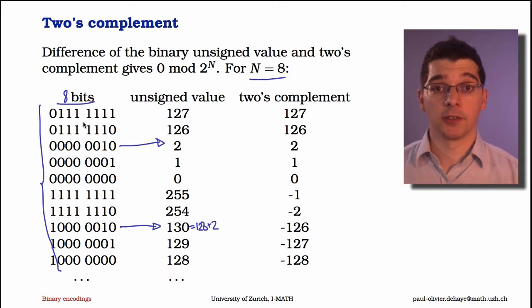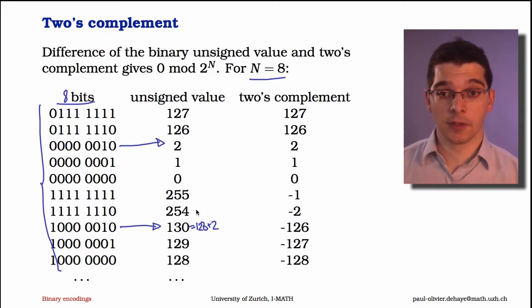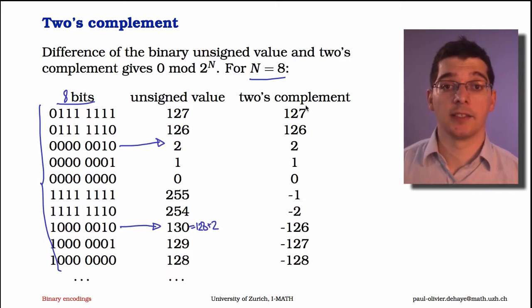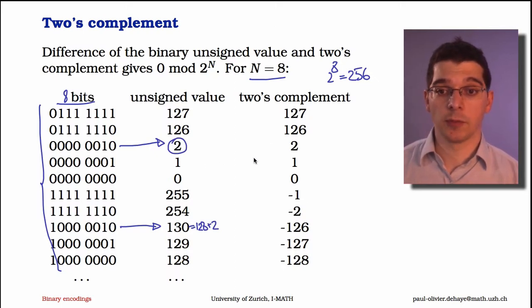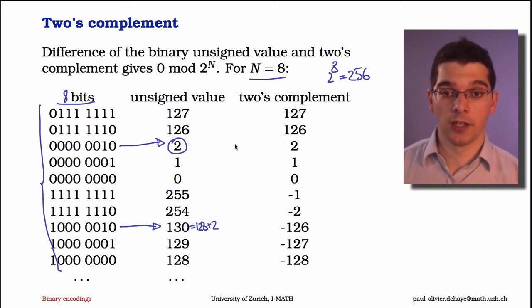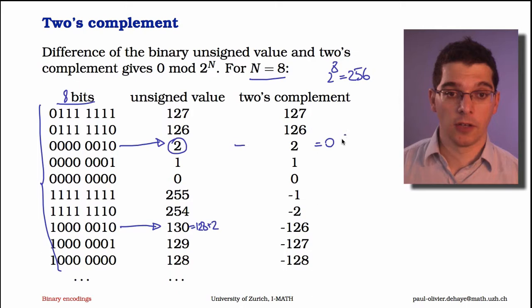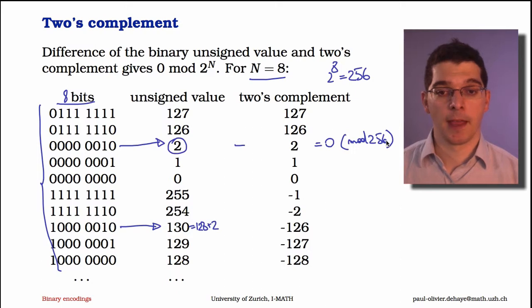And what I want is the 2's complement value that corresponds to those patterns. Now, that is determined in such a way that the difference between this column and this column should give me exactly 0 modulo 2 to the 8. And remember that 2 to the 8 is 256. So, for instance, for the example of 2 I had taken, the value for 2's complement of this pattern should be 2 as well. Indeed, if I take the difference, I get 0, and this is indeed 0 modulo 256. So all is good. But let's look at the other example I had, 130.